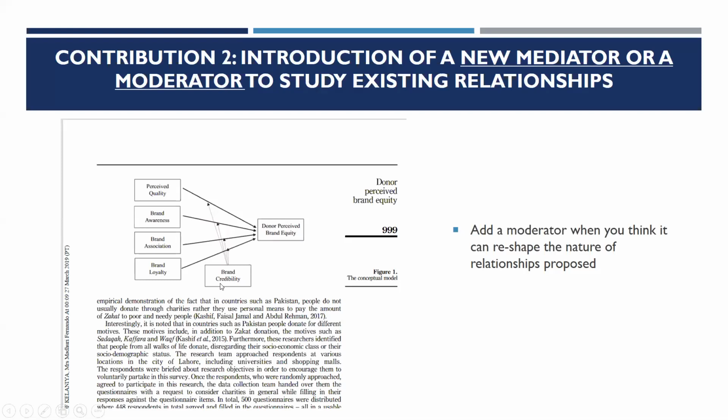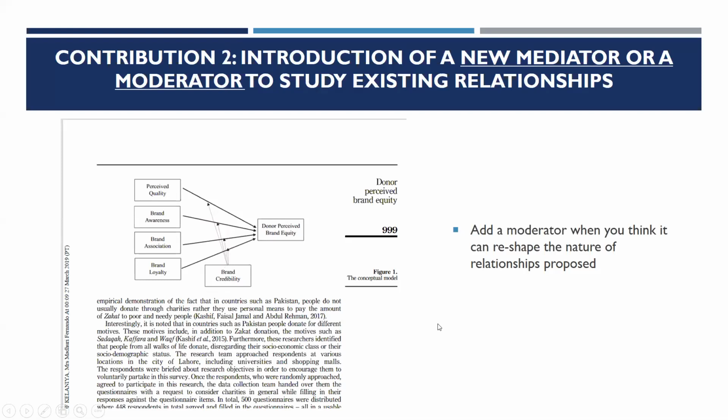Why is that? So we added brand credibility as a moderator. We said that if perceived quality of the service is high and brand awareness is high, people will donate to those organizations where the brand credibility is high as well. So brand credibility was added as a moderator. This is contribution number 2.